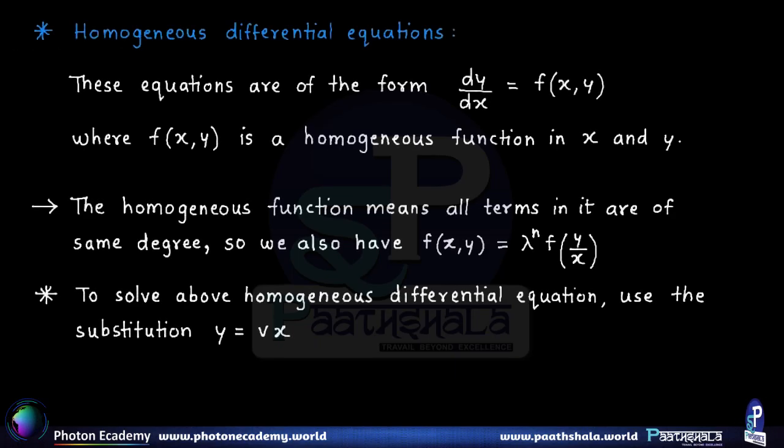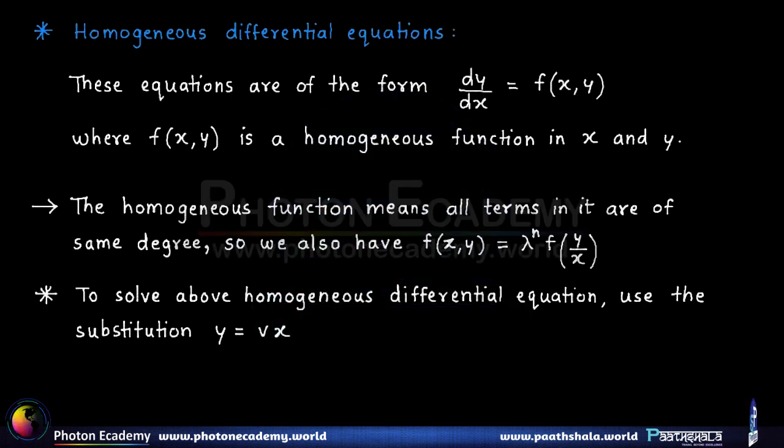Now let us see the second type of differential equations, which is homogeneous differential equations. These equations are of the form dy by dx given by some function f of x and y, where this function is a homogeneous function in x and y. Now by homogeneous function we mean all the terms in the expression of that function are of same degree.